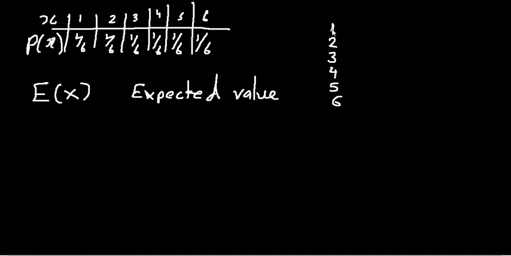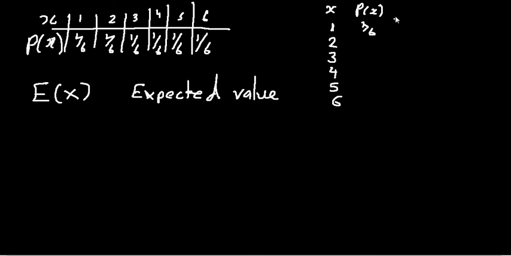Because they have the same probability, you have an equal chance of getting any one of these numbers. Now to find the expected value, you've got to multiply every outcome with its probability.